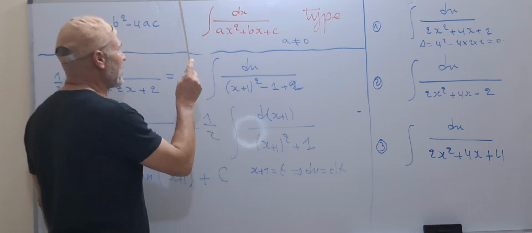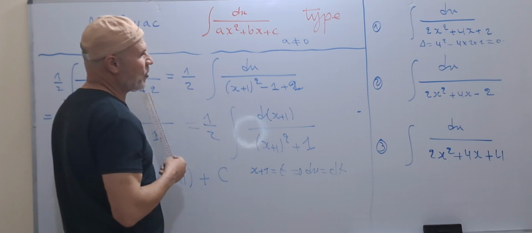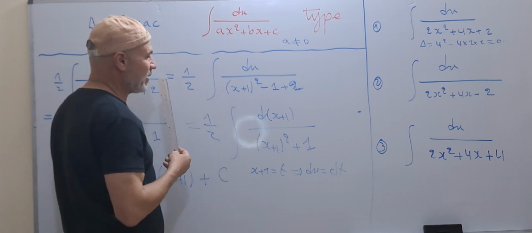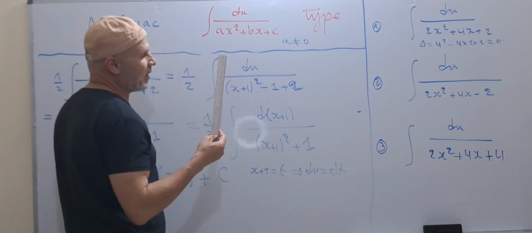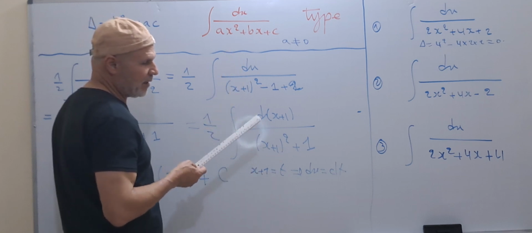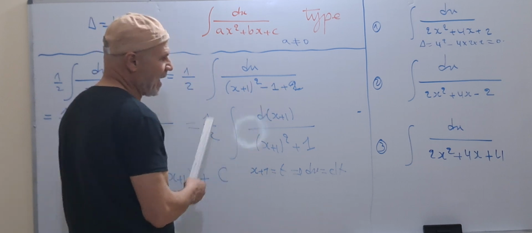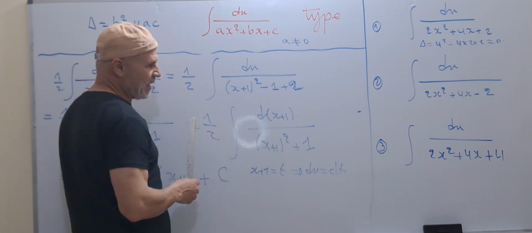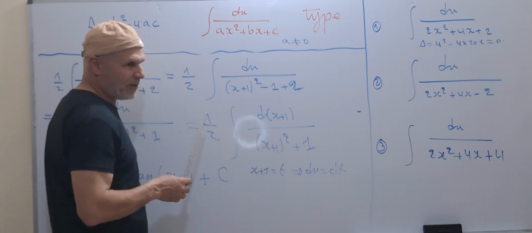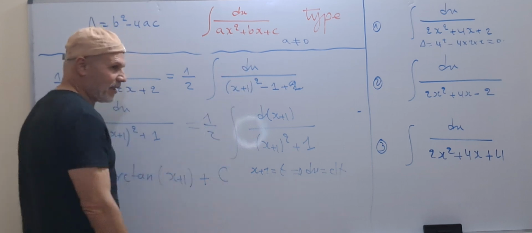First case, delta equals 0, so we make just a little change to have the integral. Delta greater than 0, we have two distinct solutions, and then we have ln. And the third case, we have delta strictly less than 0, and in this case we have arc tangent.